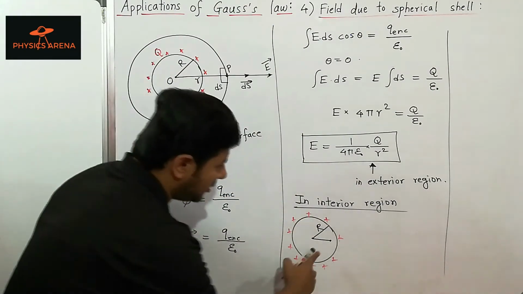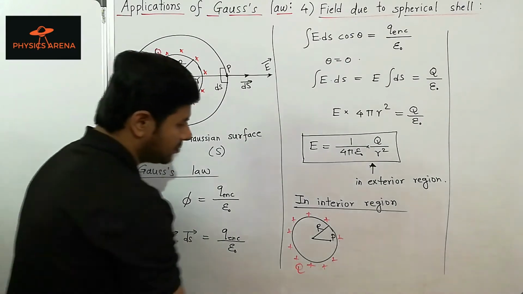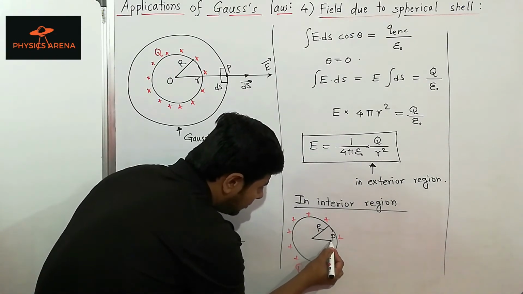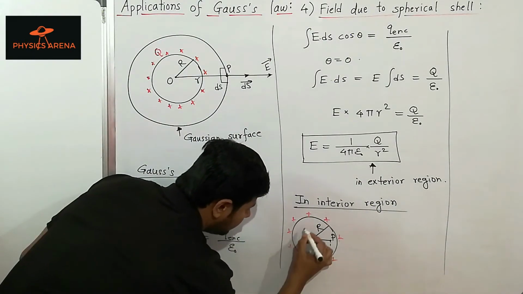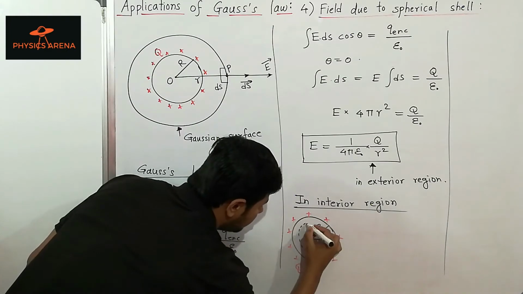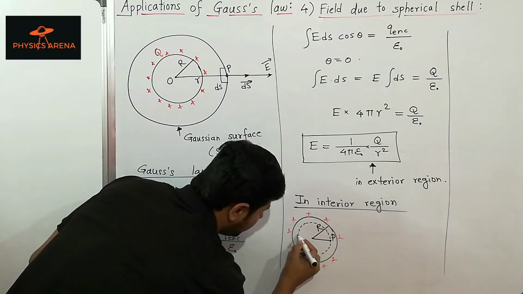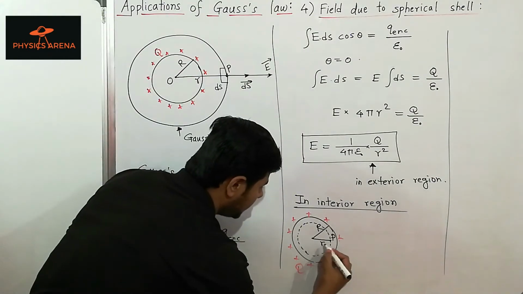So let's consider this point here in interior region, and let's draw a Gaussian surface passing through this point. Again, it will be the sphere like this. This distance is R.